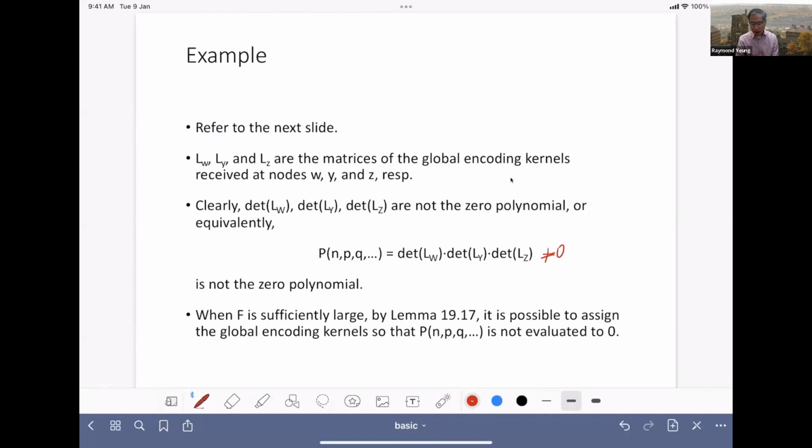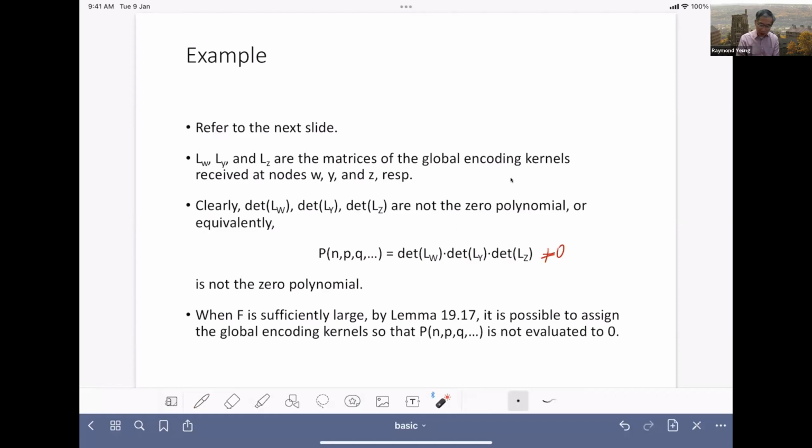So if you find an assignment of these indeterminates to evaluate this to a non-zero value, then it means that each of these determinants is evaluated to a non-zero value, because if one of them is zero, then the product must be equal to zero.